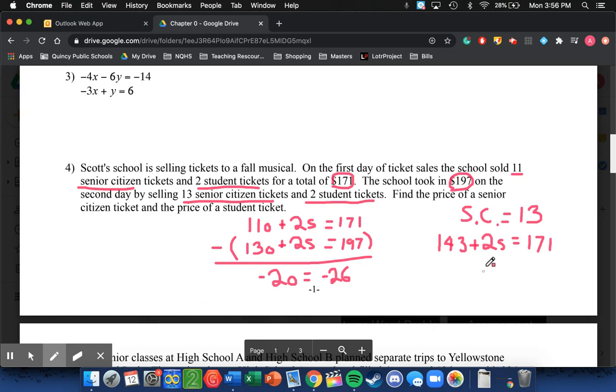So I'll subtract 143 from both sides and then divide by 2. All right, so what's the difference between 171 and 143? It's 28. Divide both sides by 2. And the student ticket is $14. So nice little dollar discount for the senior citizens. Apparently that's the best they could do.